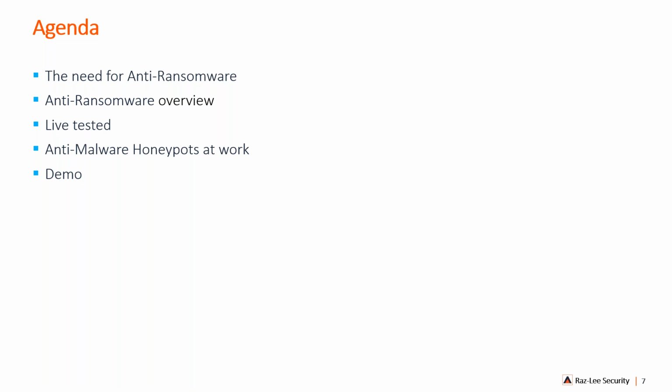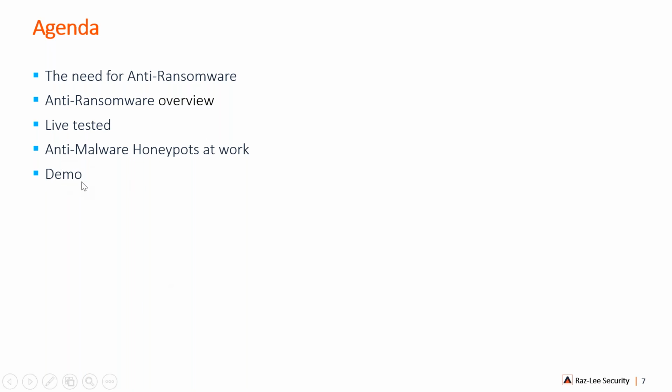we shall speak about the Anti-Malware and Honeypots, which is another part of the same product, which helps to protect against both ransomware and malware, but this is not the major factor to protect against ransomware.